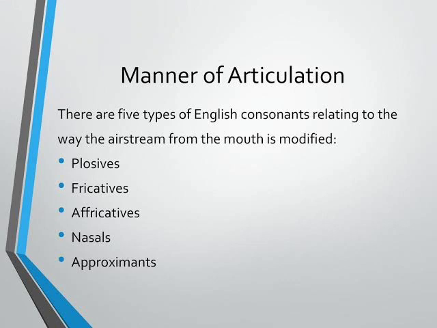So in figure 4.1, the top line is the passive articulator and the bottom line is the active articulator. For example, the diagram might represent the sound t, where the tongue approaches the alveolar ridge, touches it briefly and then moves away again.